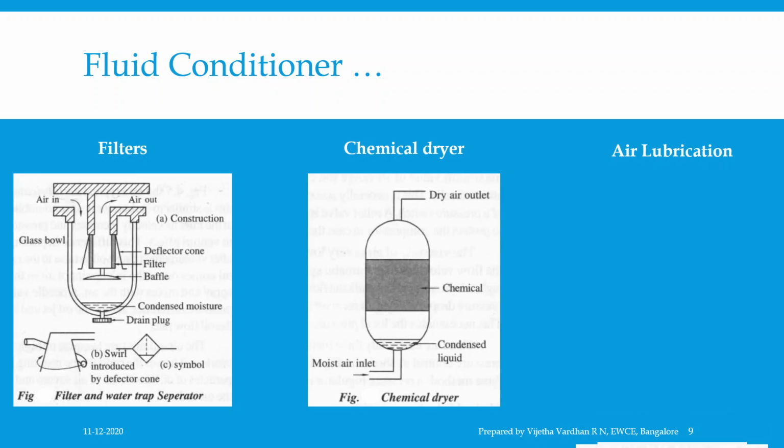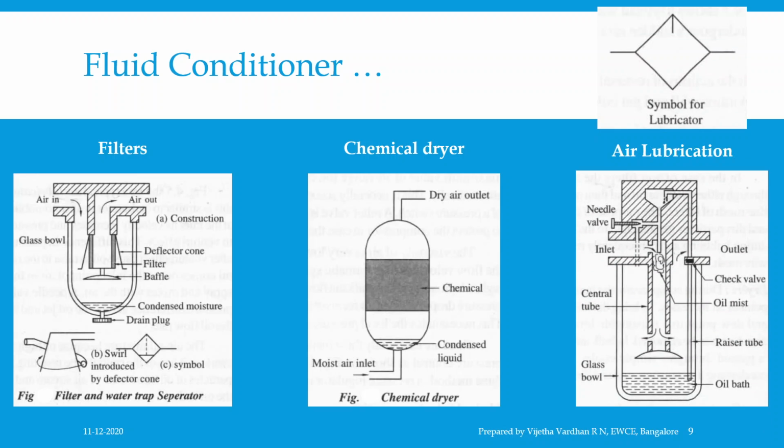The figure shows the typical air lubricator, and the function of this is similar to the carburetor in an automobile. As air enters at the inlet, its velocity increases and pressure reduces due to Venturi effect.